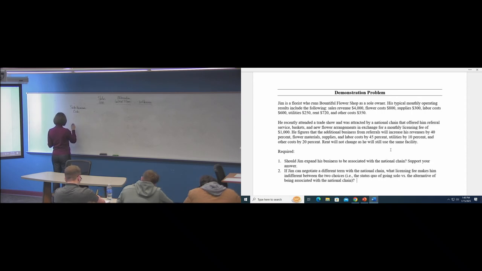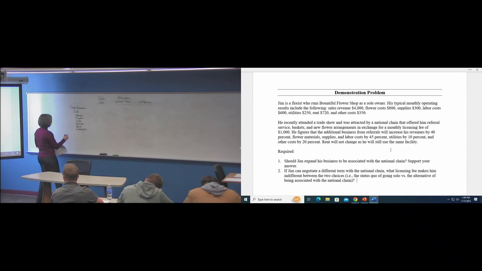Flowers, supplies, labor, utilities, rent. We've got to throw the licensing fee in there, even though it's not the current status quo, it will be in the alternative.